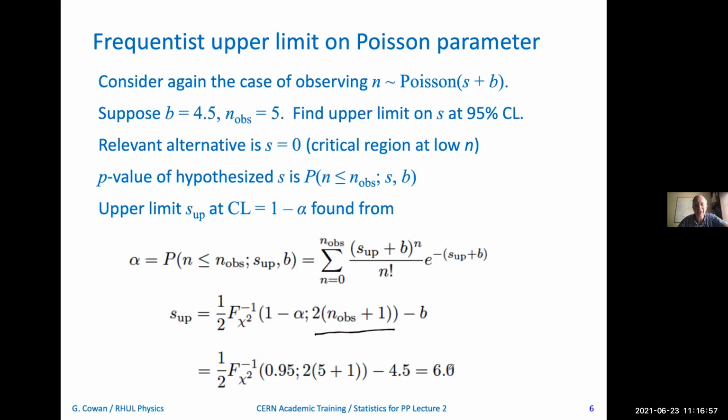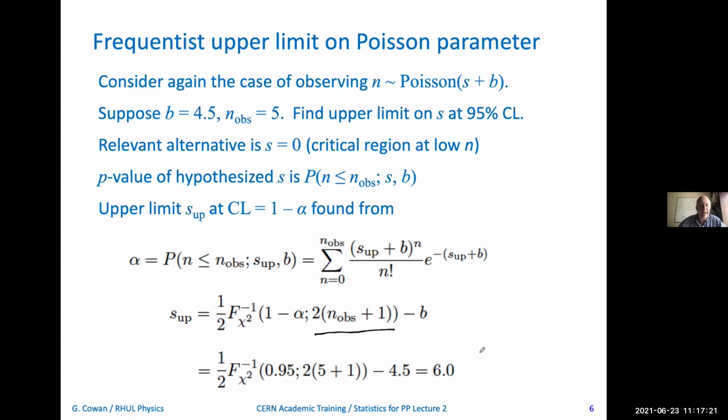So before you look at the answer, you've probably already seen the answer. Think a little bit intuitively. What do we mean by this upper limit? I want to find the value such that there's a 5% probability to see 5 events or less. So what would be the mean of a Poisson variable that has that property? Well, you probably think maybe 10 or 11 or something.